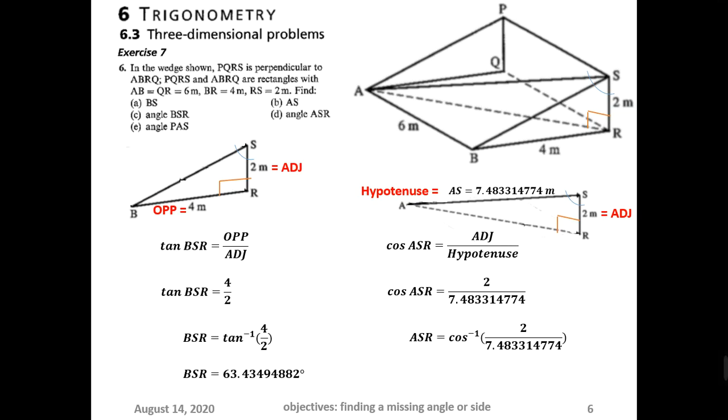You will end up with ASR equal to 74.49864043 degrees. And the answer correct to 3 significant figures, you stop at the 4 after the decimal and you look to the right of the 4. 9 is gonna bring my 4 up to 5. So the final answer will be 74.5 degrees.